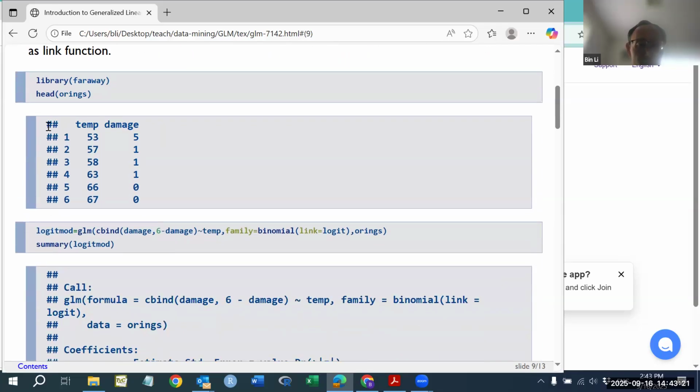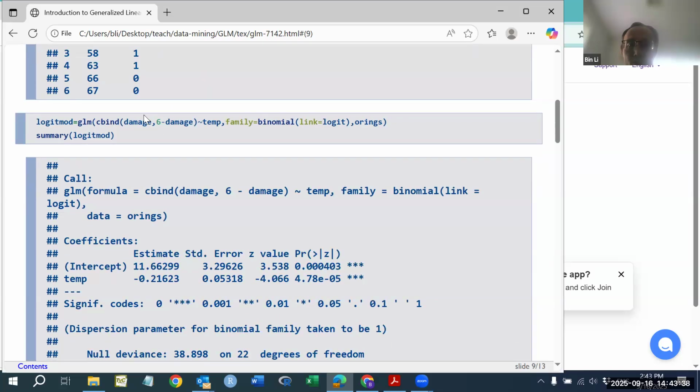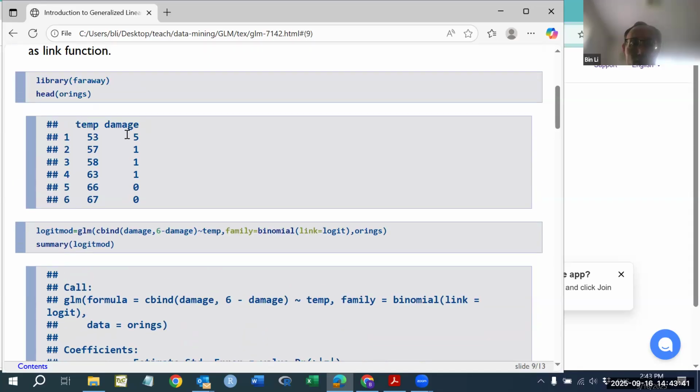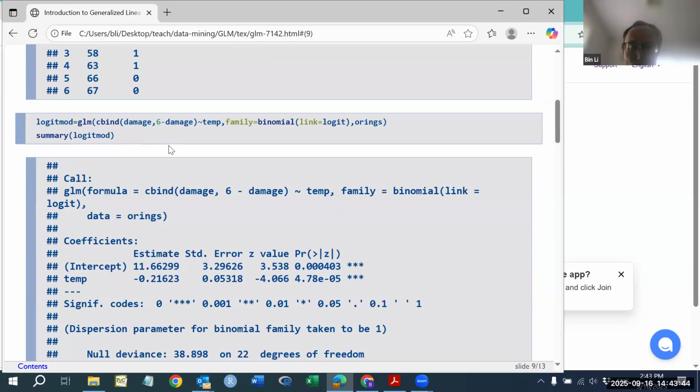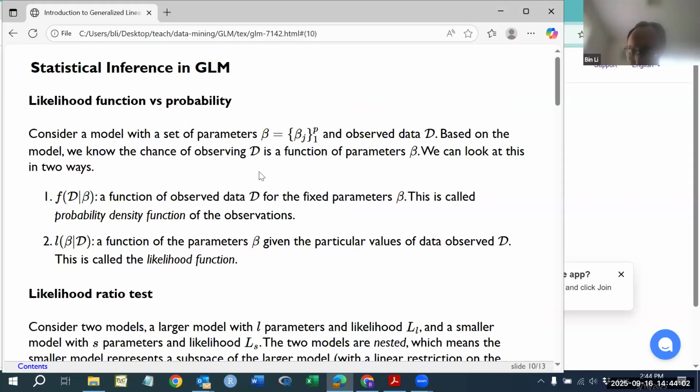Here, this data set is in the package called faraway in R, and the data set's name is orings, and I just listed the first few. You can see the response is really binary, so this follows a binomial distribution.